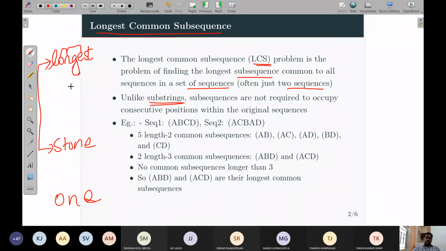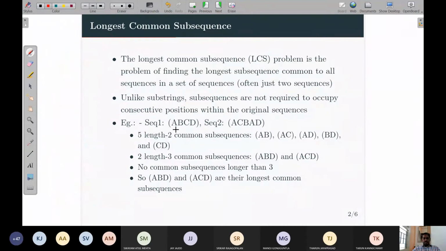In between, one G is there, but we are not bothered. Here ONE is continuous, but the relative order is maintained. The relative order is preserved. If ONE is a subsequence, ON will also be a subsequence, and NE will also be a subsequence. So like that.